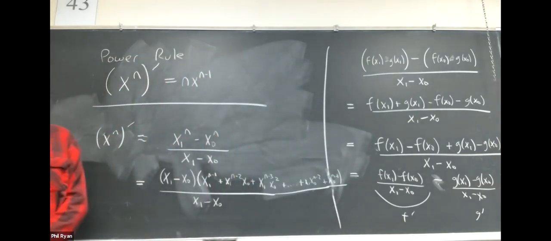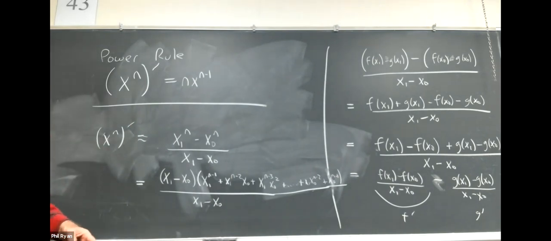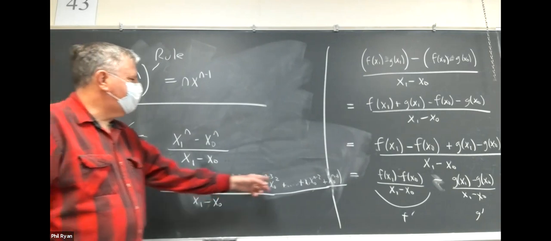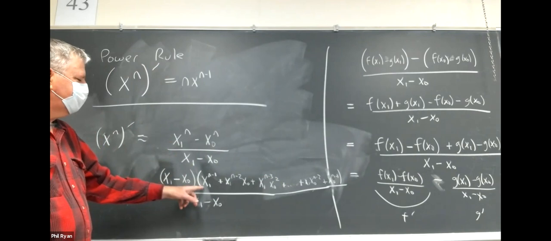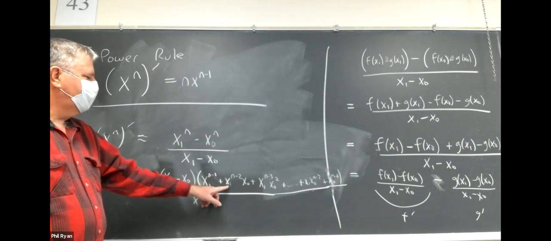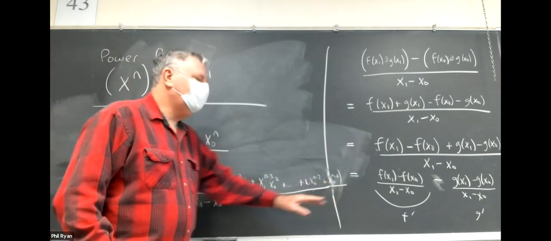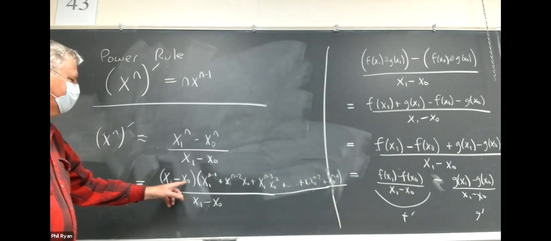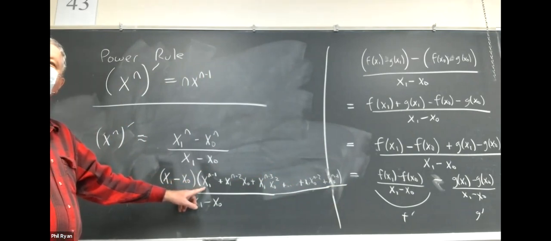This is just old algebra, so it's not completely obvious, but you can see it because if you multiply this out, you actually get this. If we multiply x1 by this, we get x1 to the n, and then x1 to the n minus 1 times x naught, and all these other terms. But then when we subtract x naught, we get a minus x naught times x1 to the n minus 1.